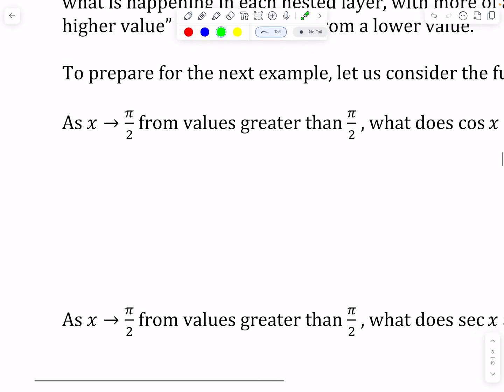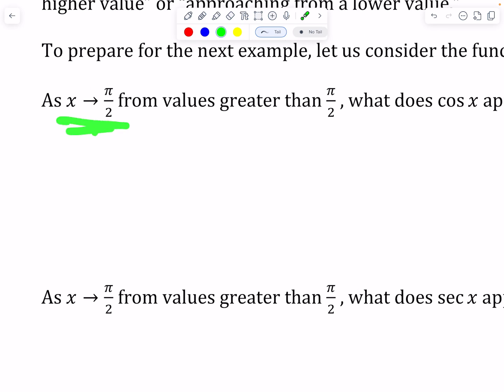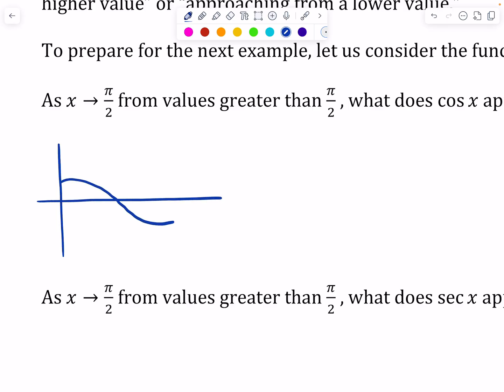Preparing for it. What does cosine of x approach as x approaches pi over 2? Well, we can consider what that graph looks like. There's your graph of cosine.